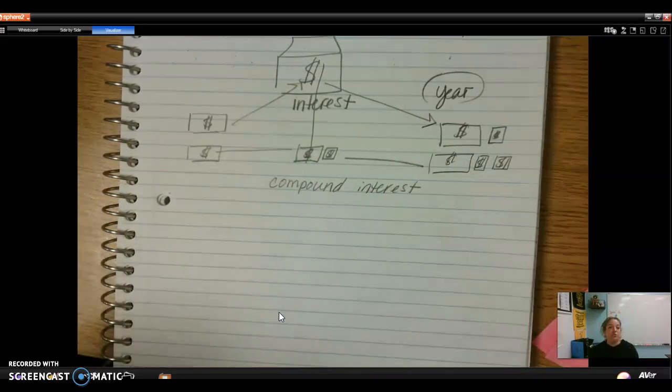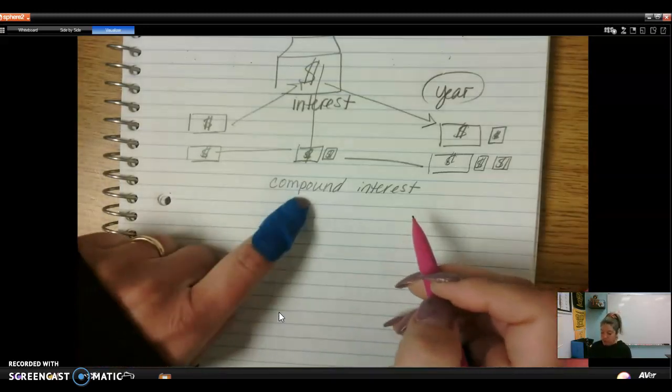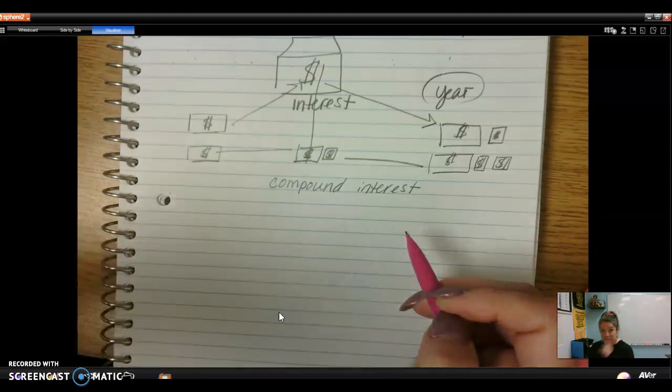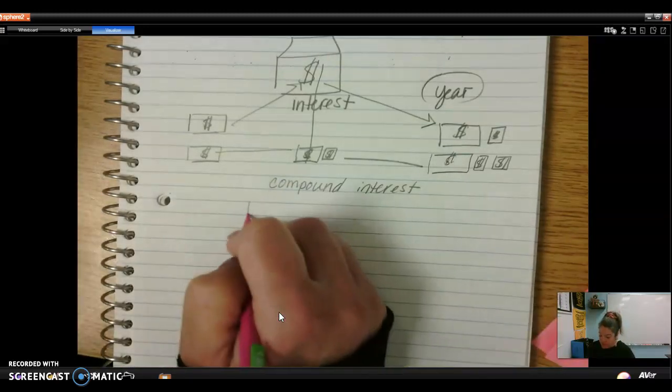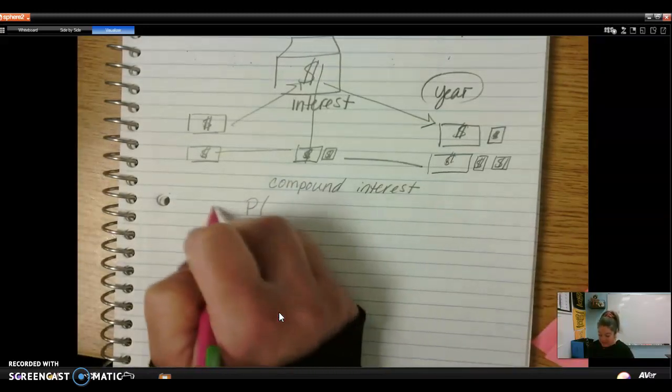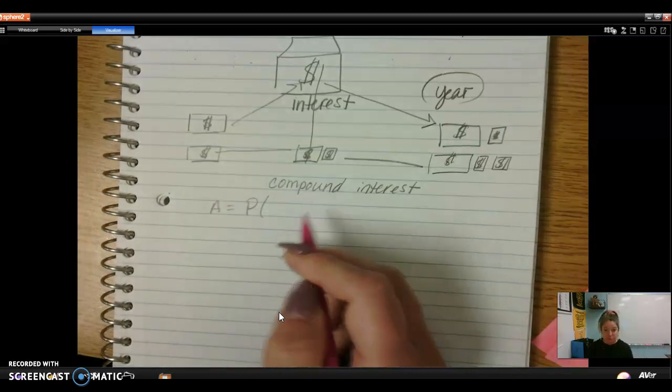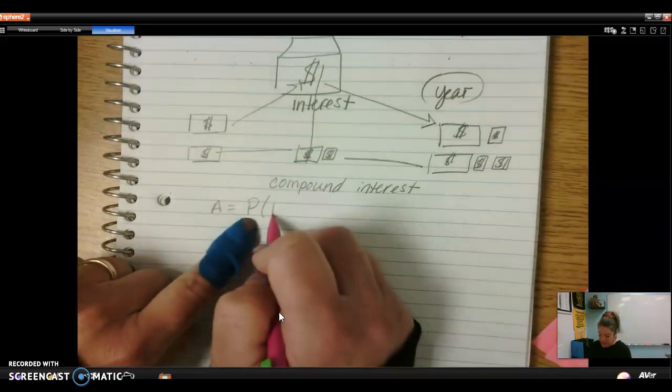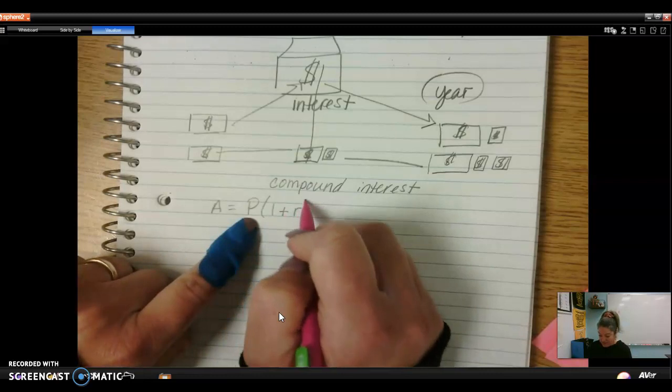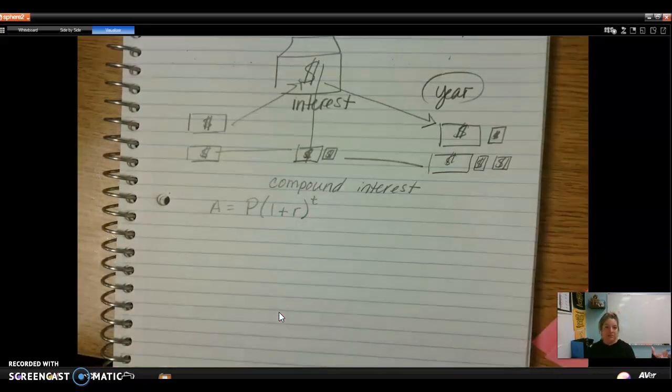If they're going to compound the interest, or run their little math program, their little computer system, if they run it once a year, so just once, then the formula that you use is exactly the same as the formula you used before. You take your principal amount, you add the rate, and you raise it to the t power, in terms of how many years it's going to stay inside the bank.